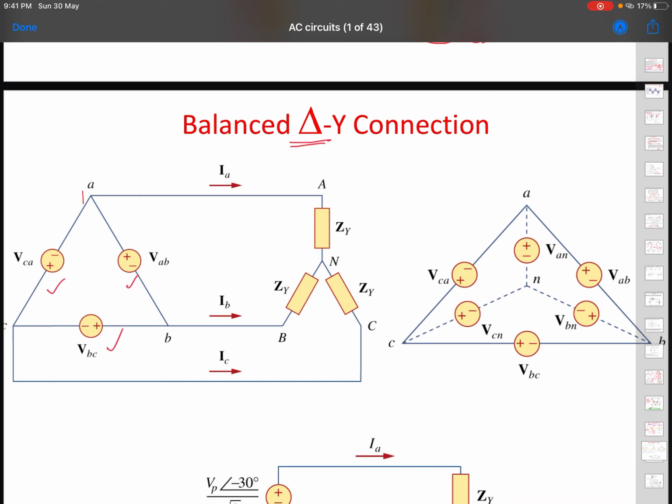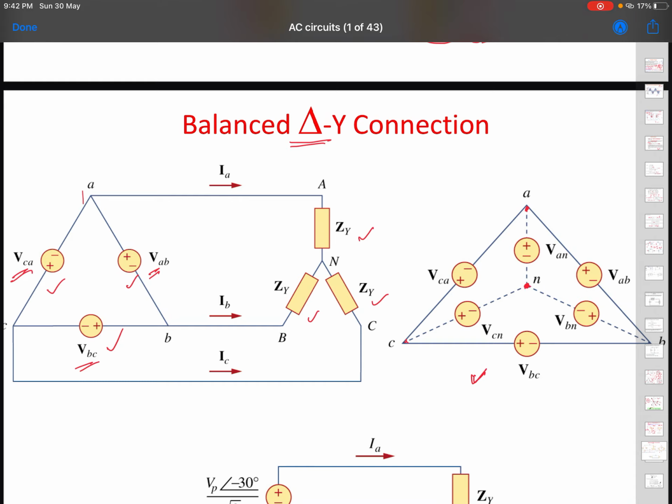Now another connection, let's say now your source is connected in delta fashion. That is what the sources are here, if you remember, and loads are now in star. Now if you see what I am doing here, I am making it into a star-star connection. So these three are balanced loads, and I can make an equivalent star connection from the delta for the sources.